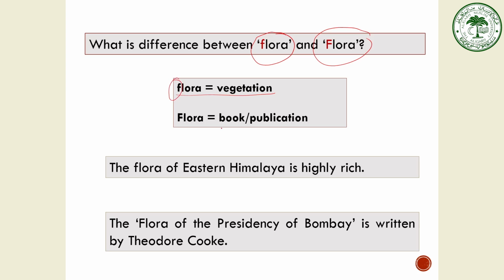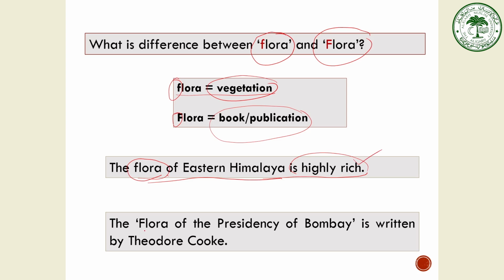If we publish this, we have to write it with a capital letter. So all the vegetation present in that particular area, which is published in the form of a book, is termed as the Flora, written with a capital letter. Like the Flora of Eastern Himalaya is highly rich, because it represents the vegetation of that particular region and has a very high diversity.